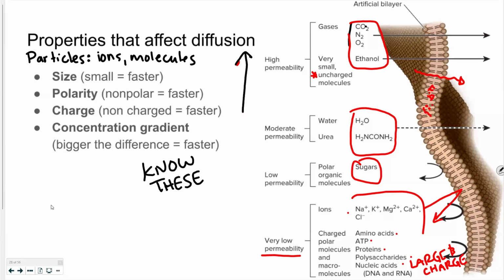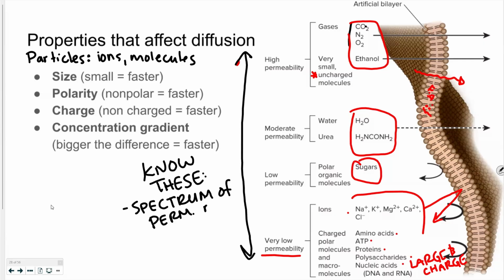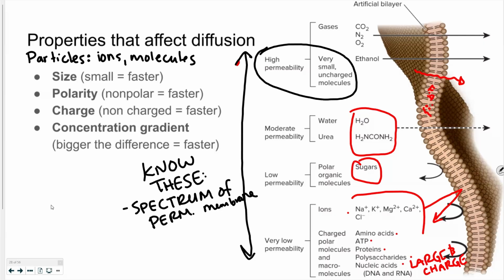We need to know that there's a spectrum of permeability through our plasma membrane. I want you to know the characteristics of things that are highly permeable. And I want you to know the characteristics of the things that are at low permeability. And then I want you to be able to apply that.